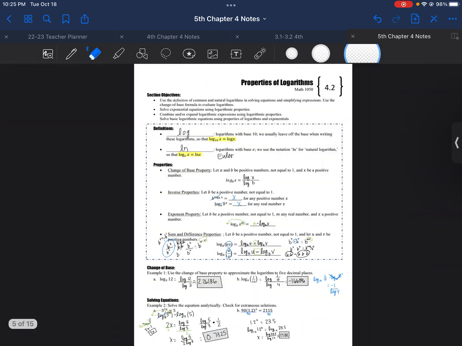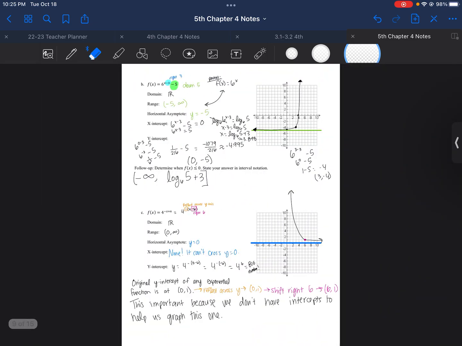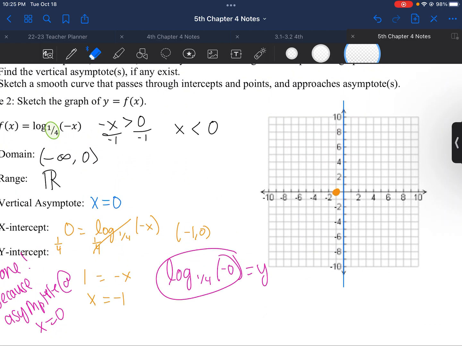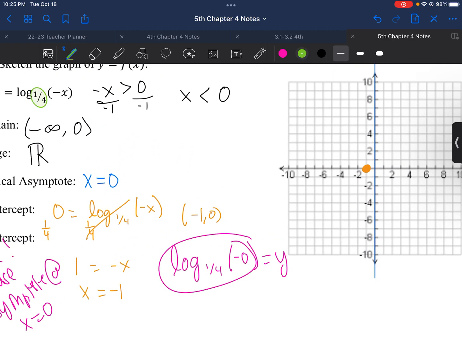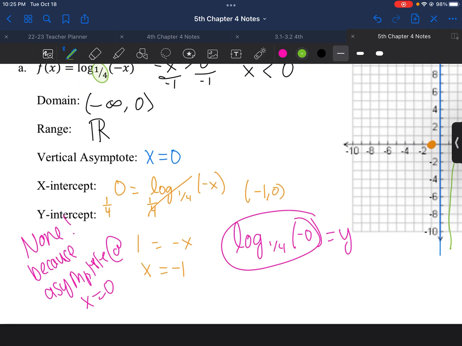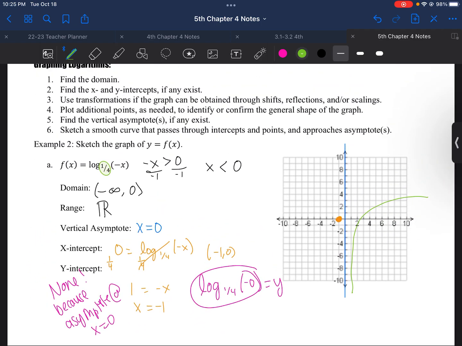Okay, so let's go ahead and go back to the one we were working with. So we were thinking that it should be like this because it's a log. But then we're realizing that this is the same as log base 4 to the negative 1 of negative x.